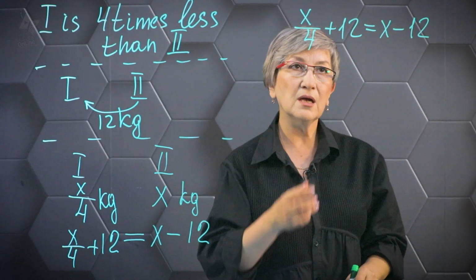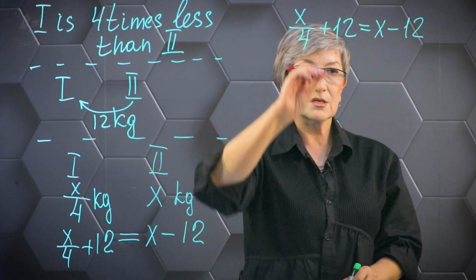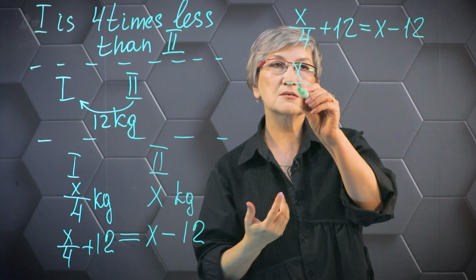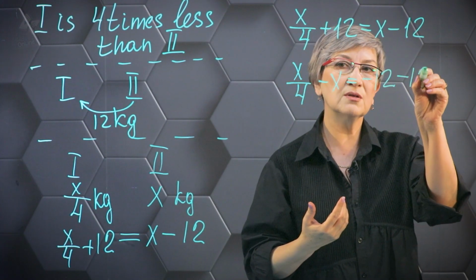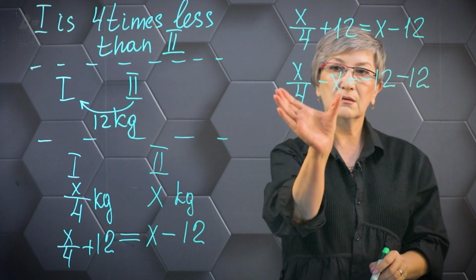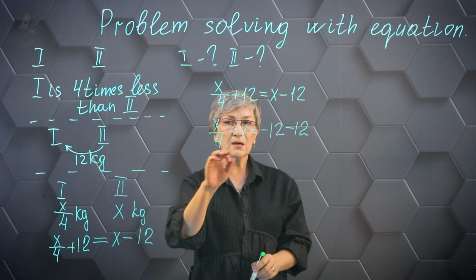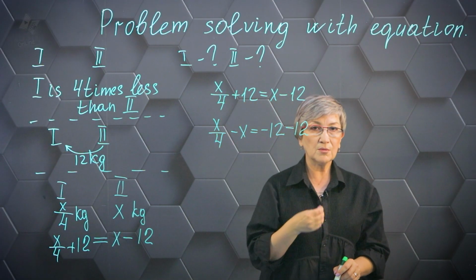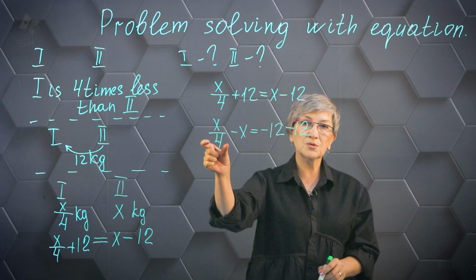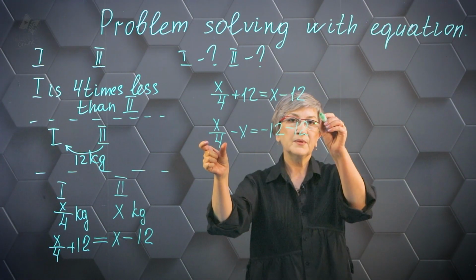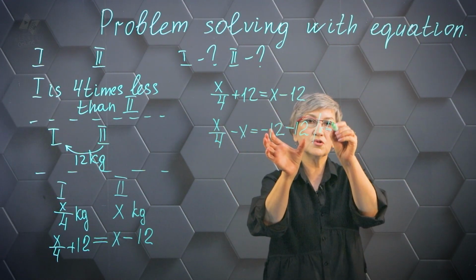In order to solve this equation, we will move the variable X from the right side to the left side, and the result is X divided by 4 minus X equals minus 12 minus 12. We can find the common denominator on the left-hand side, but as we talked about when solving equations with a fractional term, we can get rid of the denominator. To get rid of the denominator, I can multiply the left side and the right side by 4.